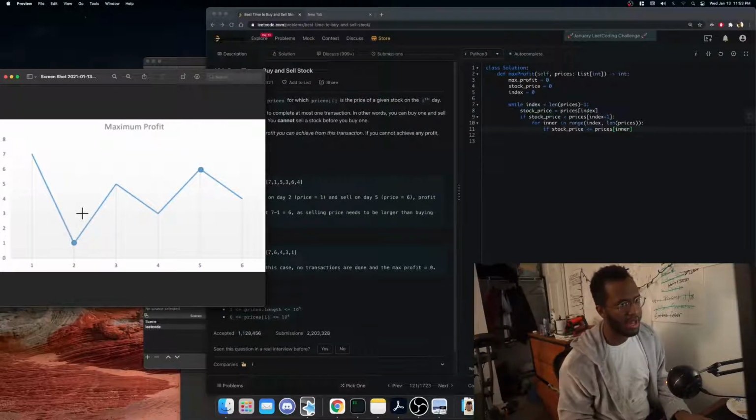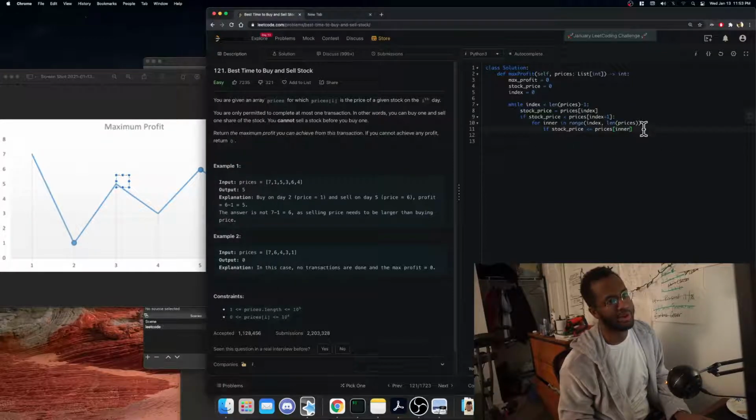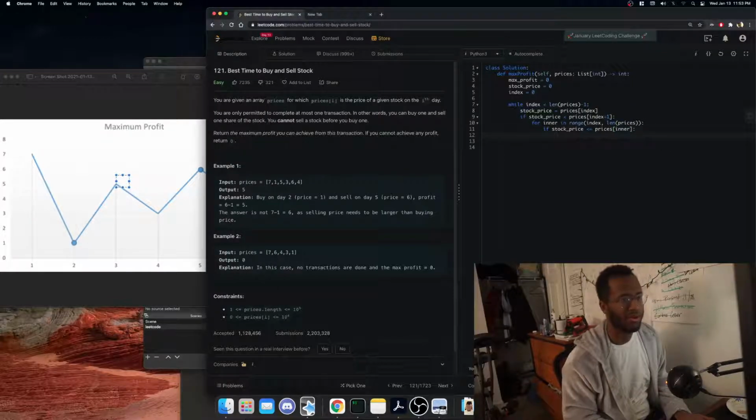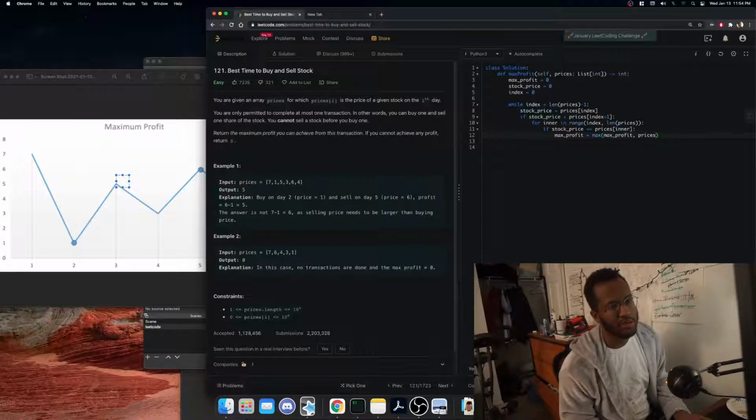If our stock price is less than this index right here, which will be inner, that means we can sell it to make profit. If that's the case, then that's pretty dope. So let's see if it's the max profit. To do that, we'll take the max of max profit and prices sub inner minus stock price, which is perfect.